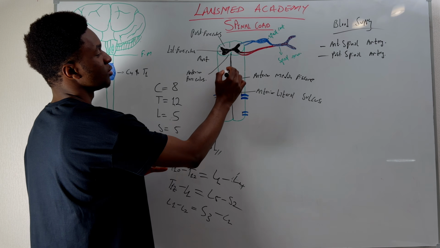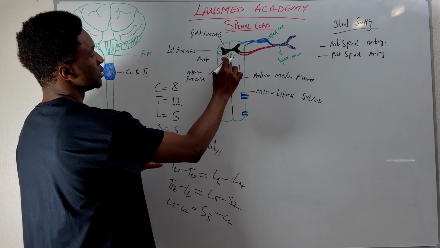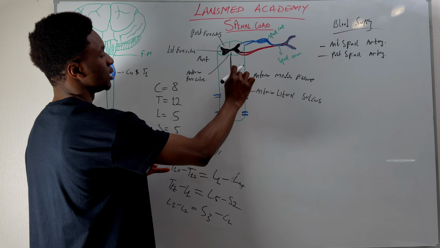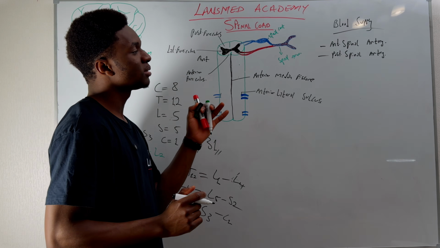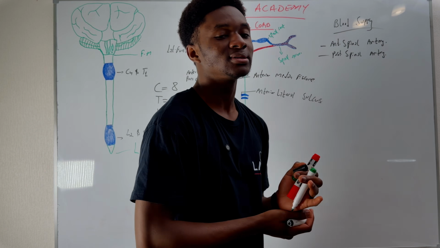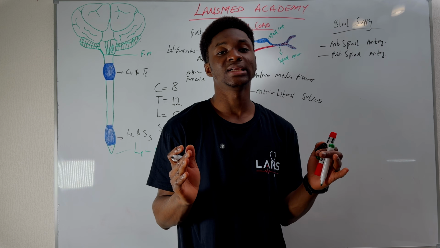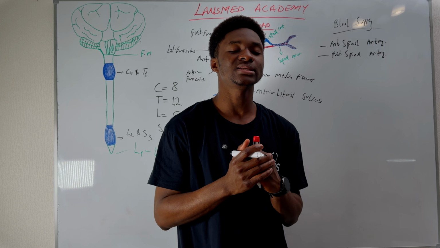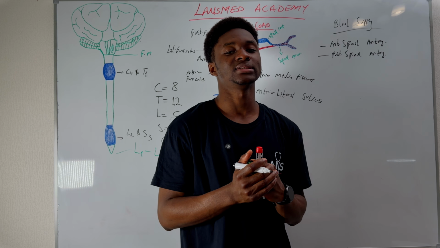This is the anterior view, but I'm just showing how it will run. It will run posteriorly on the spinal cord. And the next supply I want to talk about is the supply that actually gets people confused. These arteries are known as the radicular spinal arteries.